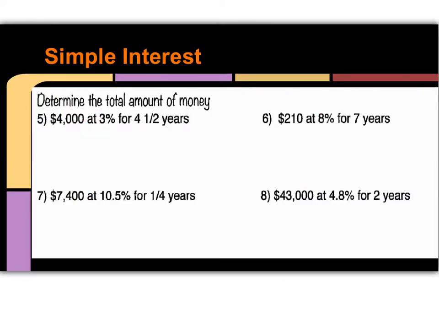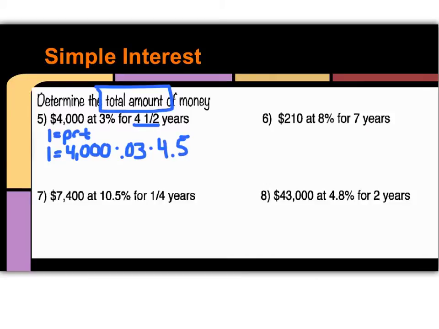For this section, instead of just finding the interest, we're going to find the total amount of money. So first we need to look at number 5. We plug it into the same equation and do the same steps as on the last one. Principal is 4,000 at 3%, so that's 0.03 as a decimal, times the time in years, 4.5. If I type those in, times 0.03 times 4.5, that gives you an interest amount of $540.